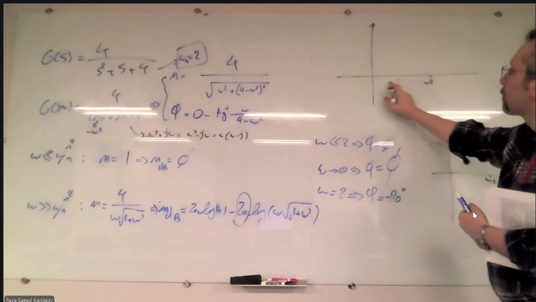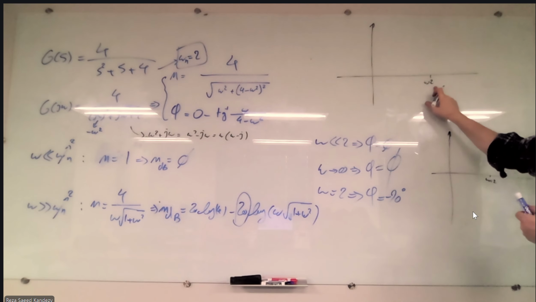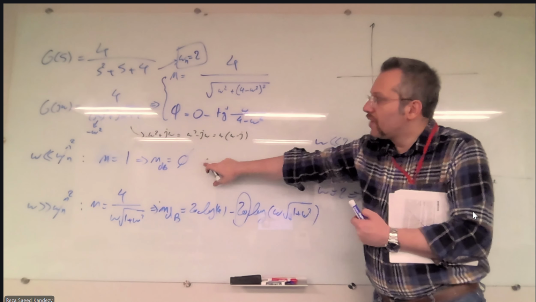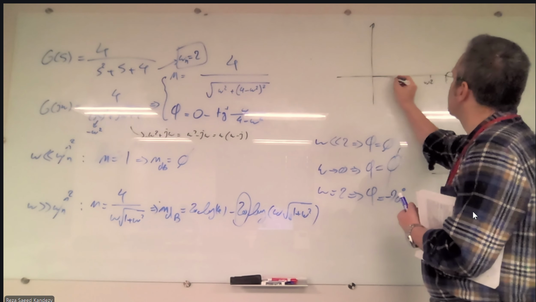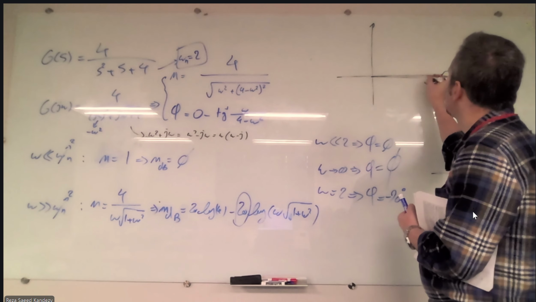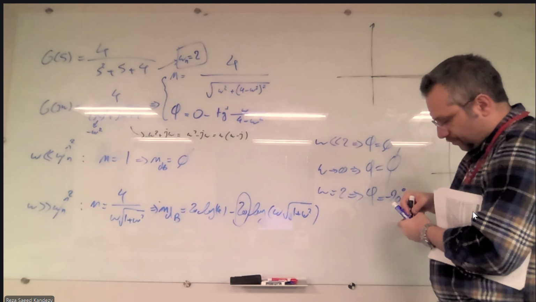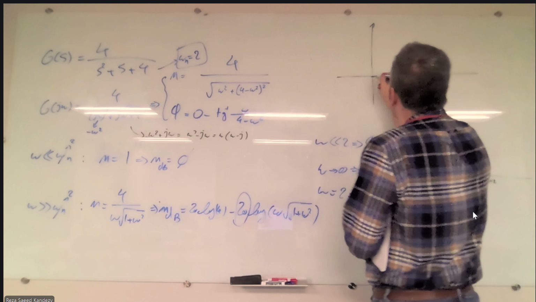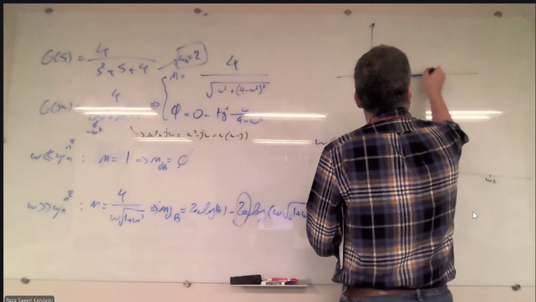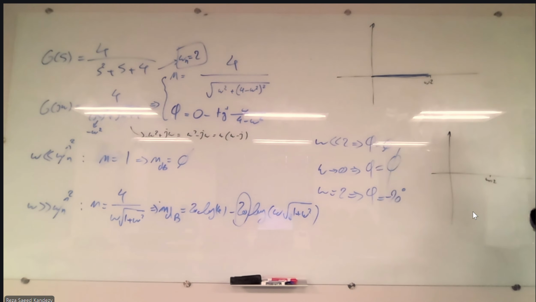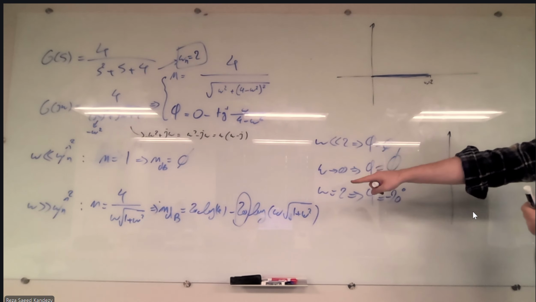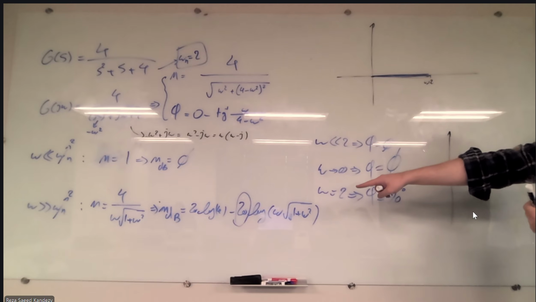Now, for omega n, for the magnitude, below omega n we have 0, so this is what we have here. Let me use another color. We have here. Are we good? For after omega n, we have a slope line of minus 20.